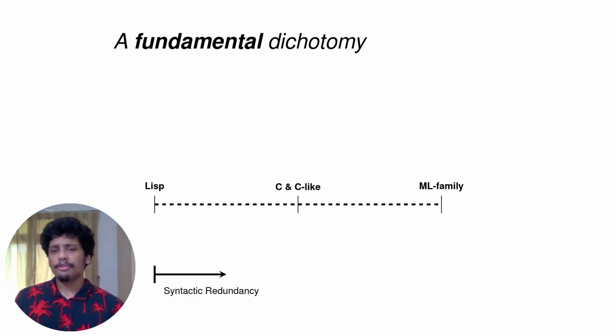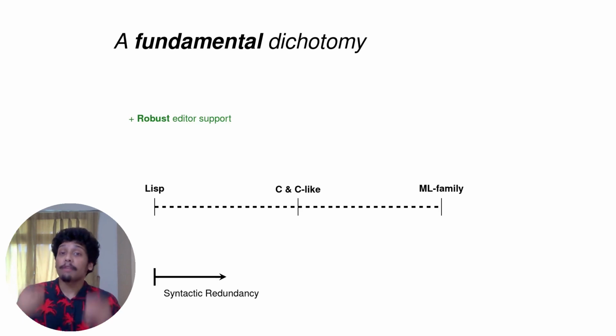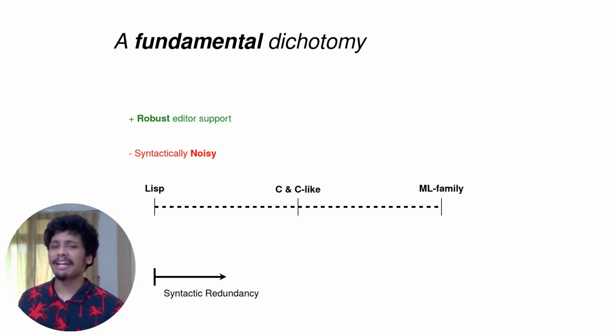Now, it turns out that this notion of syntactic redundancy is a sort of double-edged sword, because by having a lot of syntactic redundancy, languages like Lisp can easily provide robust editor support, because it's very easy to work out where expressions should be. But the problem with this is that it makes programs written in the language very noisy. It's very hard to parse a Lisp program as a human, unless you're used to dealing with these kinds of parentheses.